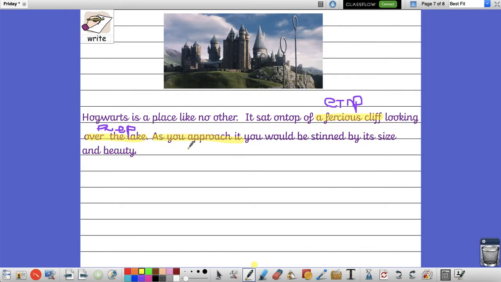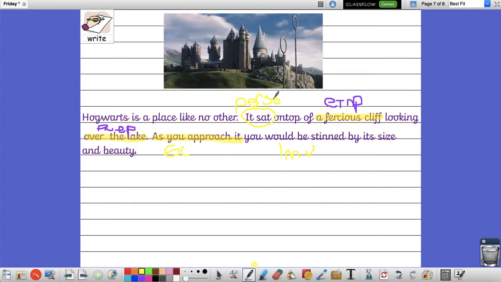It's a fronted adverbial. So I'm going to put down subordinating conjunction. I've got the word would, which is a modal verb. It's another year 5 skill. It sat. Now this here is personification because castles can't sit. So that's personification.